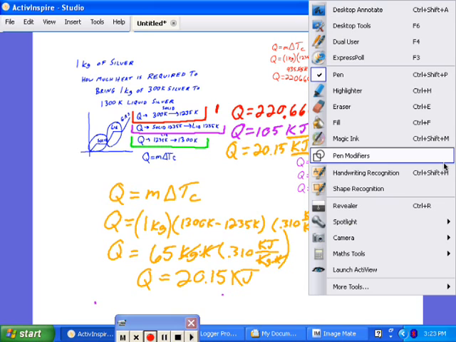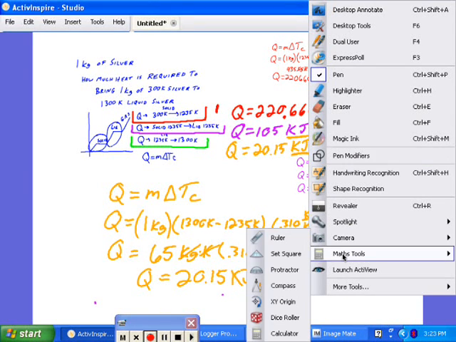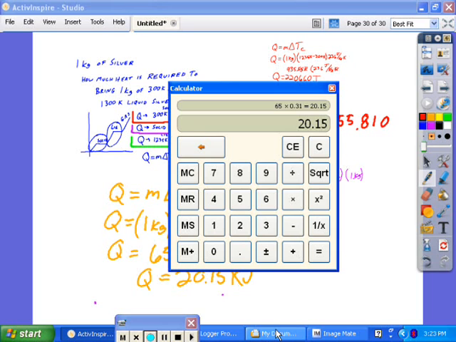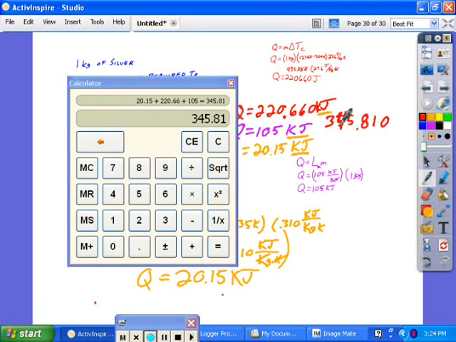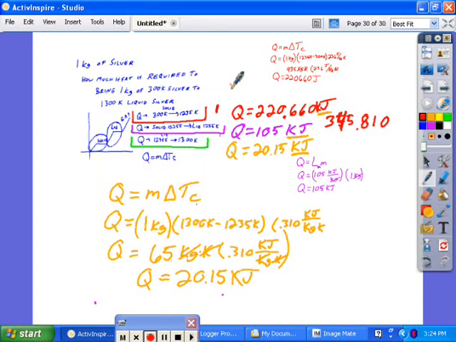It'll make my life easier. 220.660 plus 105 equals, oh, I'm sorry, 345.810. I apologize, 345.810. Okay? So that is the amount of heat required in kilojoules to bring it from cold metal to hot metal.